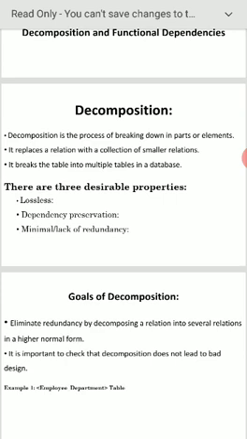It replaces a relation with a collection of smaller relations. Later stage I will explain how we can do the decomposition. You take a relation that will be divided into sub-relations, small relations. If you collect all small relations together, it becomes a relation.